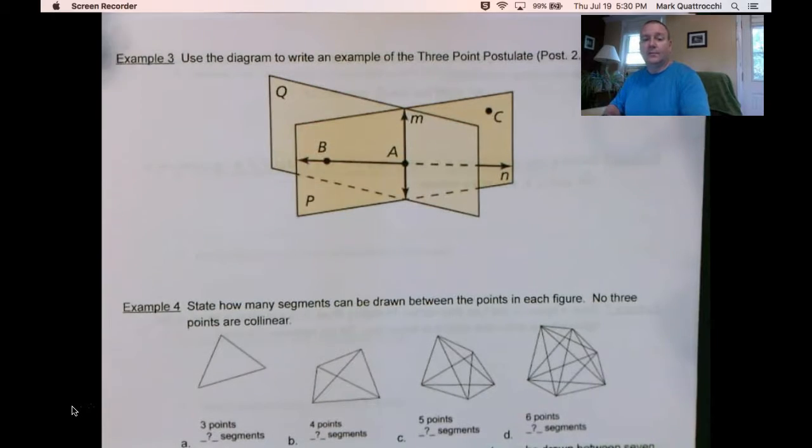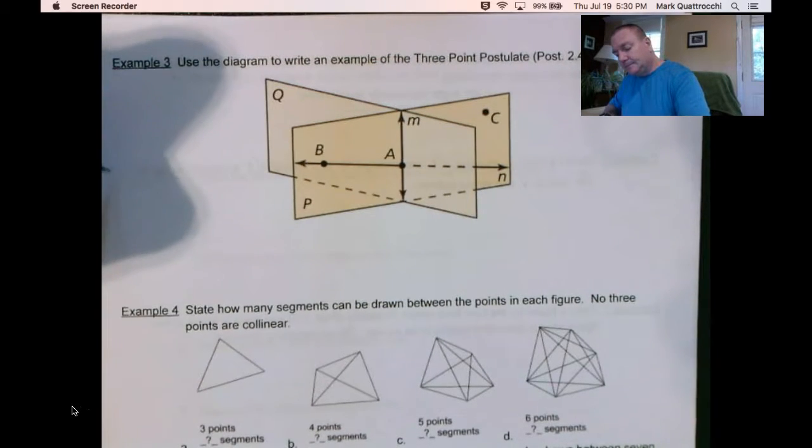Now notice A and B are collinear, A and C are collinear, B and C are collinear, but A, B, and C are 3 non-collinear points.